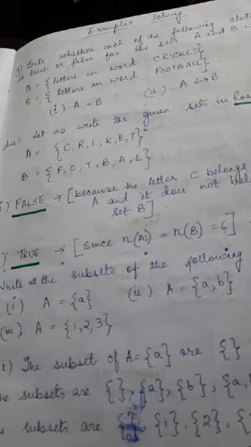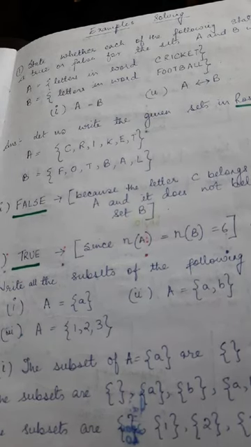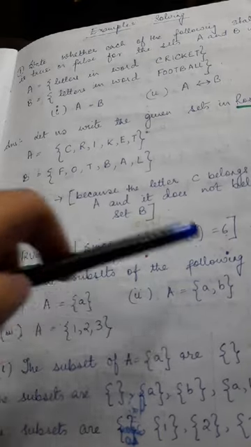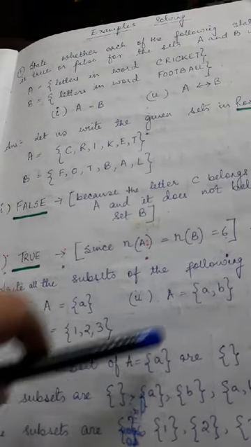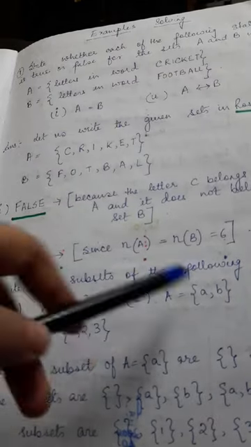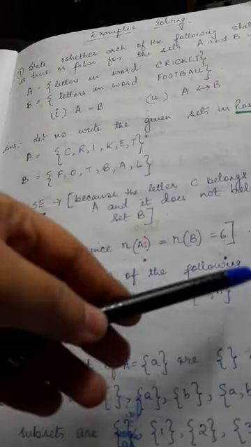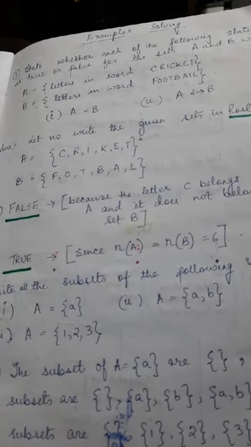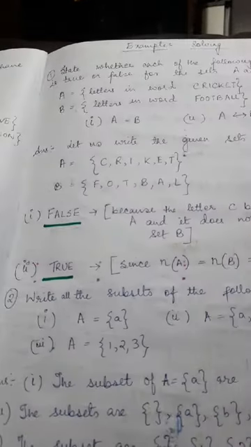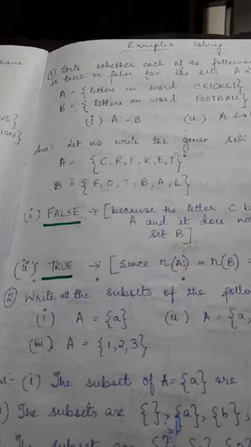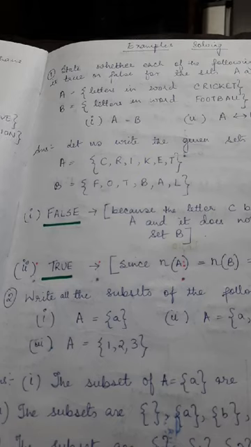So remember, whenever you are asked to find the subsets of any particular set, you will write a null set, of course, the individual members, the combinations of the members, and the set itself. So these are the subsets. This is a very important portion. I hope I have made all the points clear for all of you.